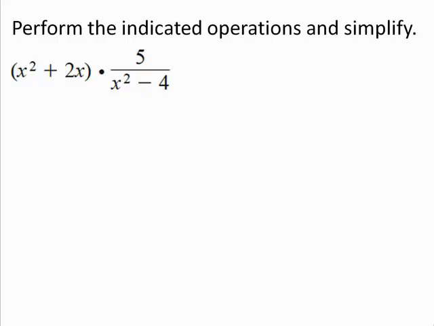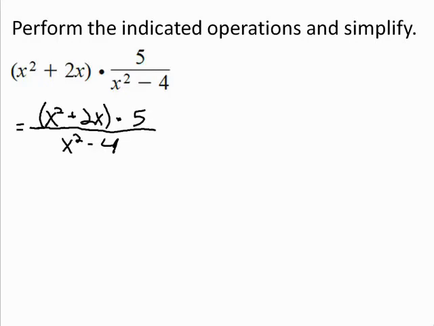Perform the indicated operations and simplify. The quantity x squared plus 2x times 5 divided by x squared minus 4. Multiply the numerators and denominators. For the factor x squared plus 2x, the numerator is x squared plus 2x, and the denominator is 1.